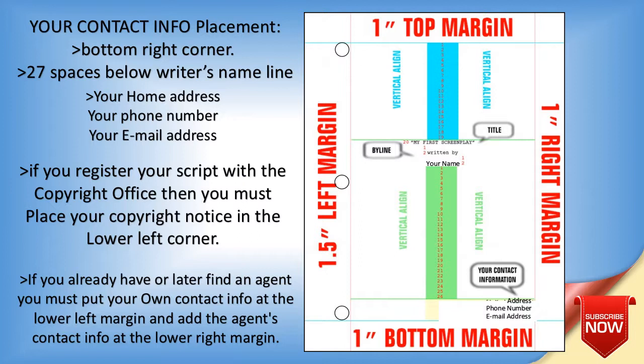So you move it from the right to the left and put the agent's contact information on the lower right. He will tell you what information of his you need to put on the right side, and you move your information to the left. Now, if you don't have an agent, then just stick with putting your contact information on the lower right.